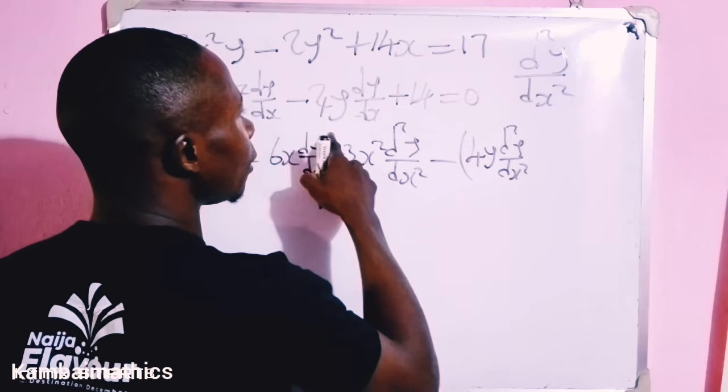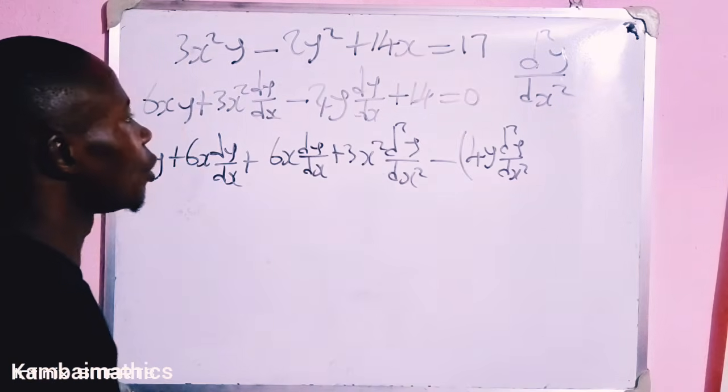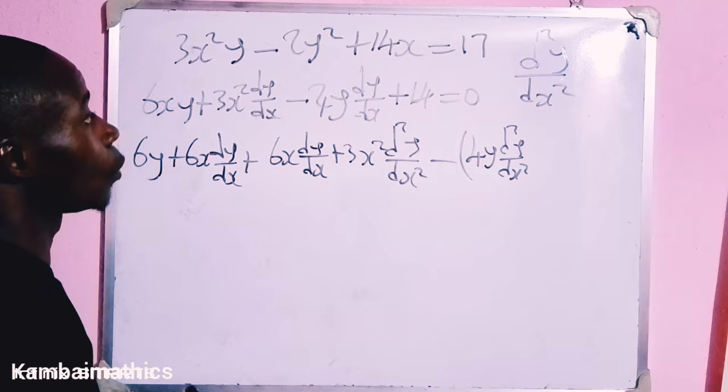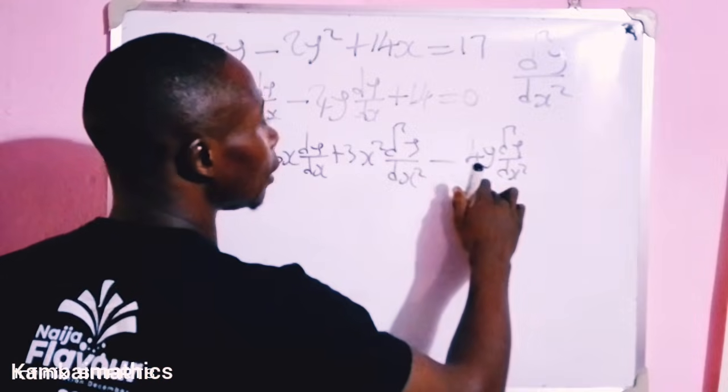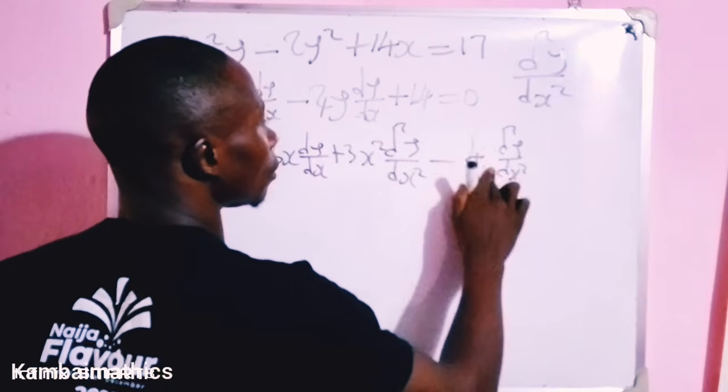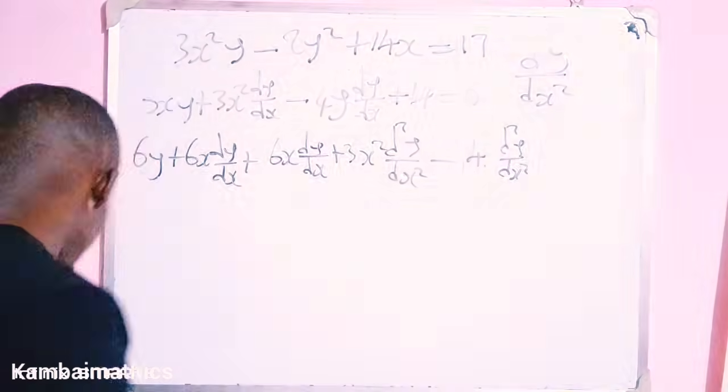Then the next one, when we differentiate this, definitely this one will be the same thing all like this. Sorry, please, there's something I'm missing here.